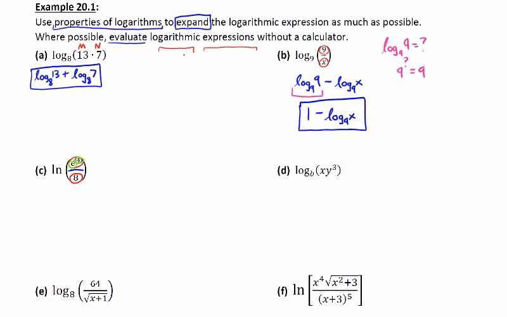So there's an implication here with the power rule that the p, which is the power on your argument, has to apply to the entire argument. So right here where it says m raised to the p, that's really the same as saying log base b of m, and then the whole m is being raised to that power.